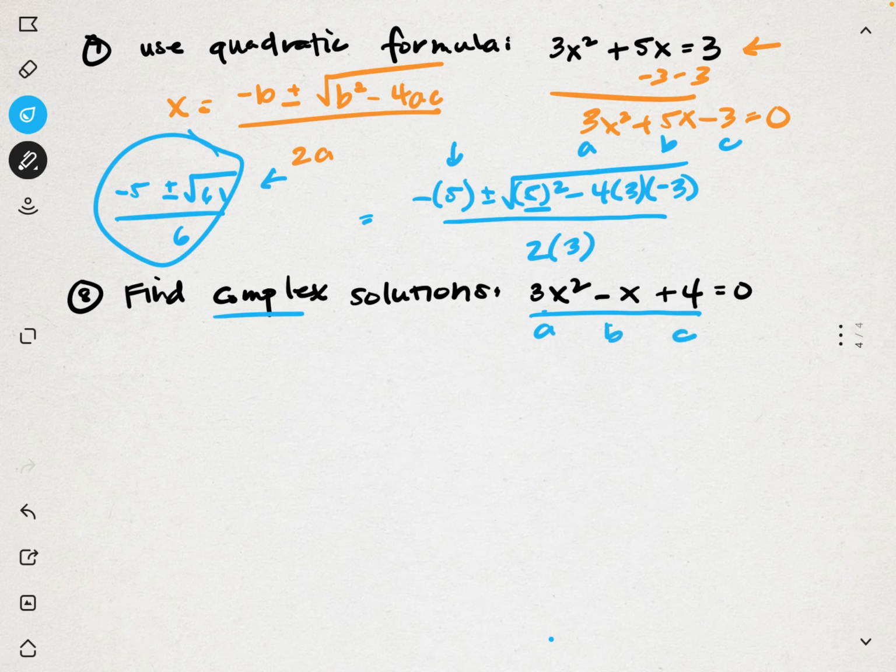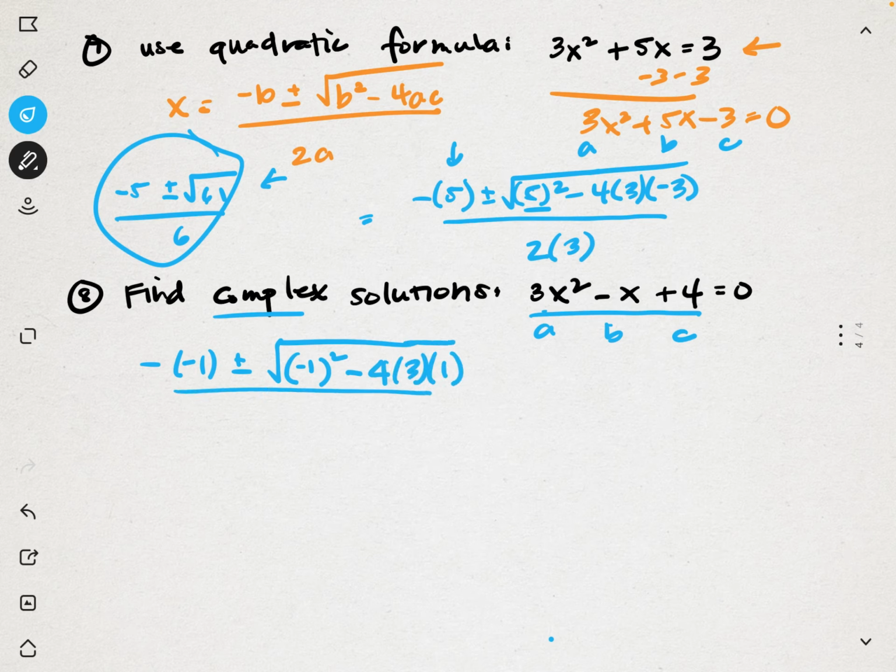Because most times we are finding complex solutions, we're going to be using the quadratic formula because we can't factor them. So let's do negative b is negative 1 plus or minus square root of negative 1 squared minus 4 times 3 times 1 all over 2 times 3.